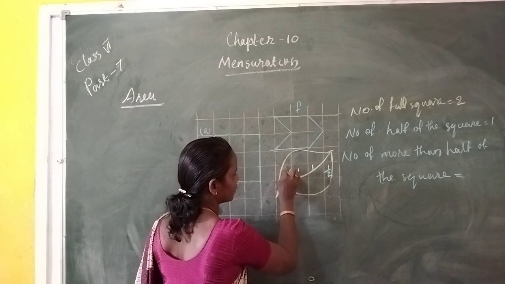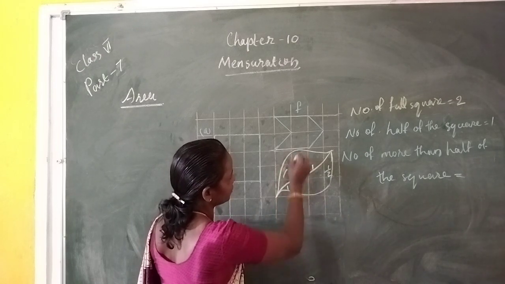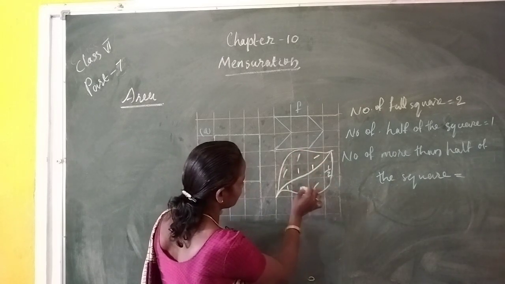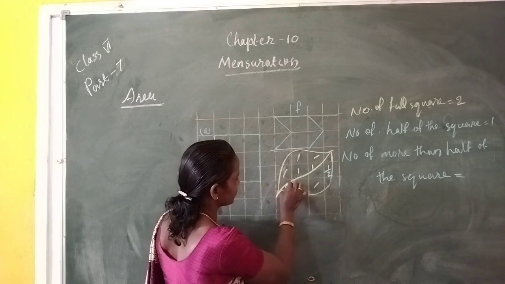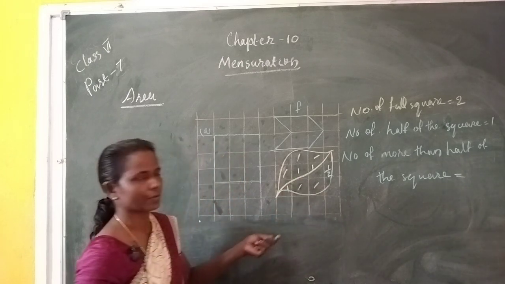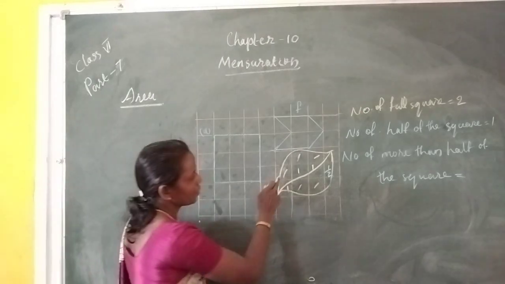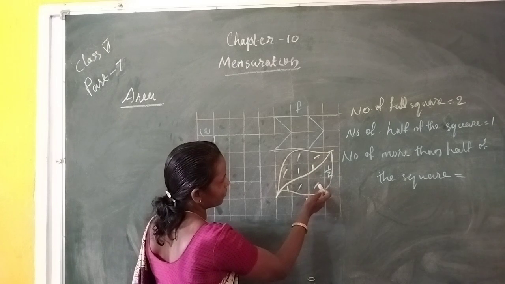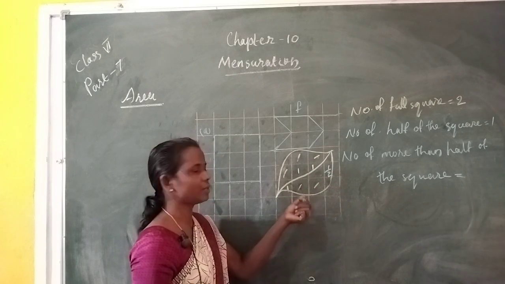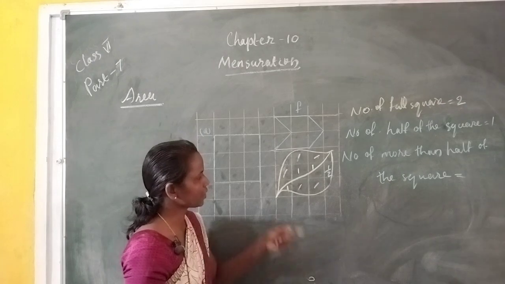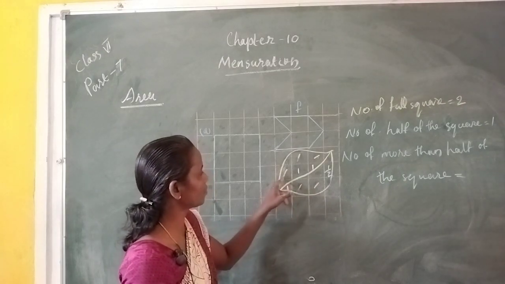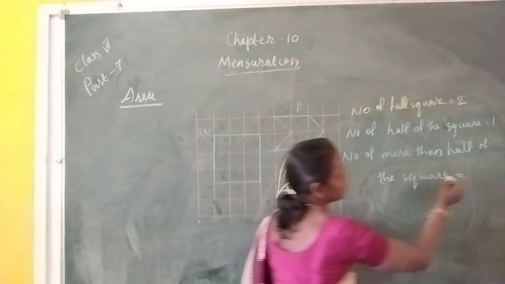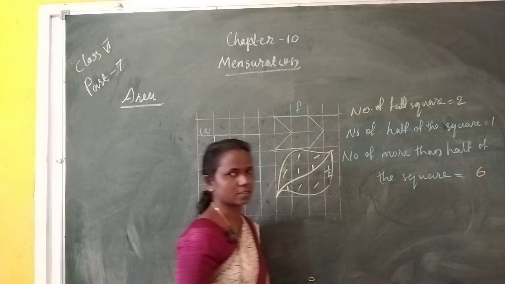This and this are also more than half. This is more than half, and this is more than half. This is also more than half. So in total how many more than half? 1, 2, 3, 4, 5, 6. Sorry, 6 are more than half. So we can write here 6.